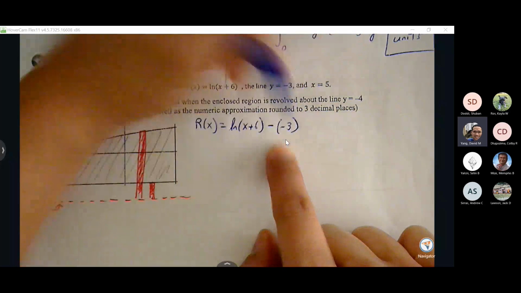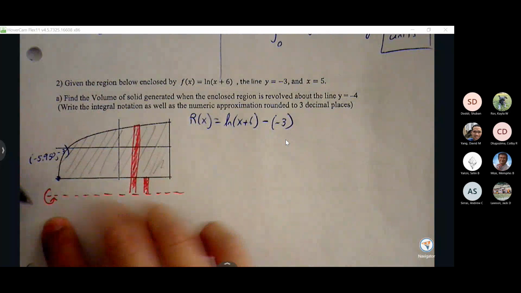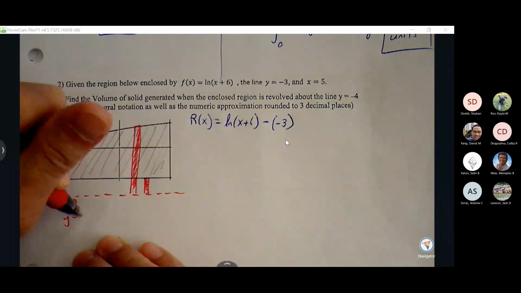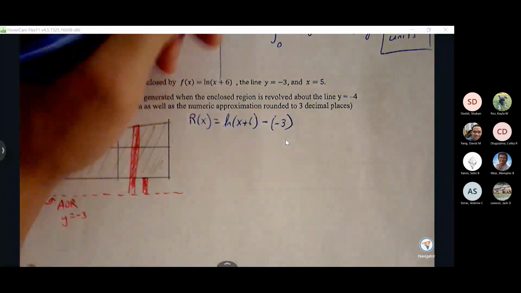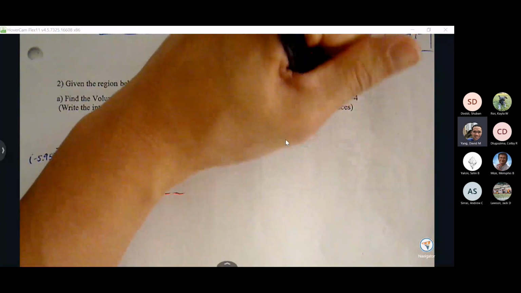So careful, we got to keep track of both negatives here. Okay. Clean this up a little bit here.